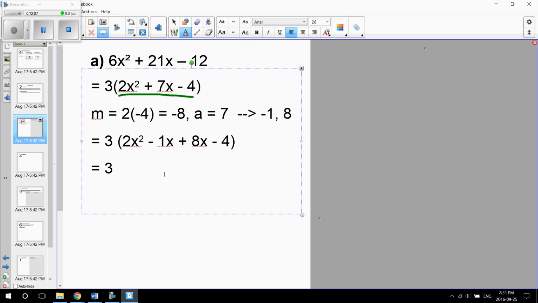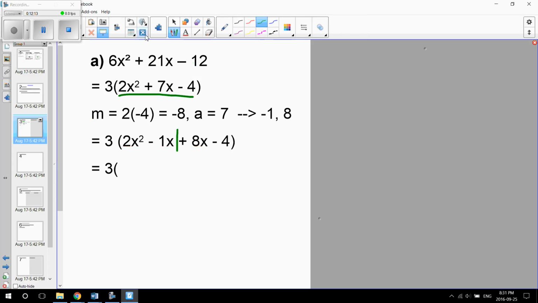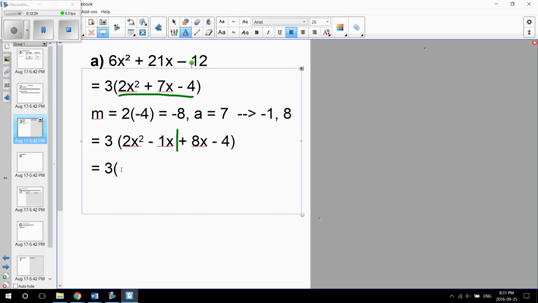So again, that 3 still carries out front, but this is where we're going to break up this equation in half and look at our common factoring. So look at what we can common factor out of these two numbers here. And hopefully you see that that's an x that we can factor out of those two numbers.